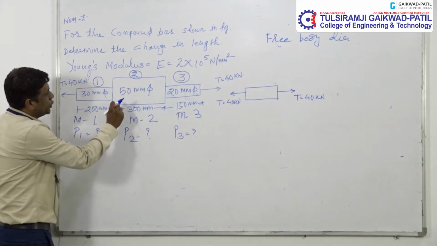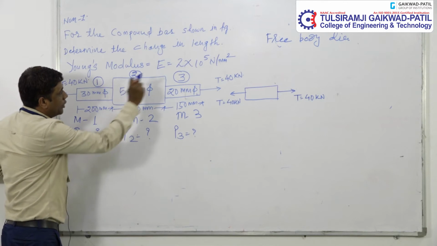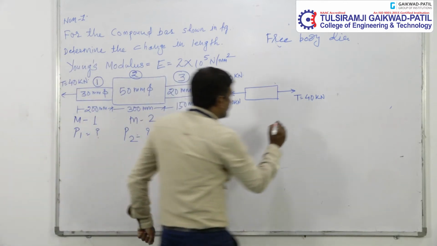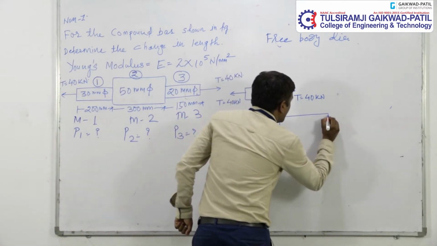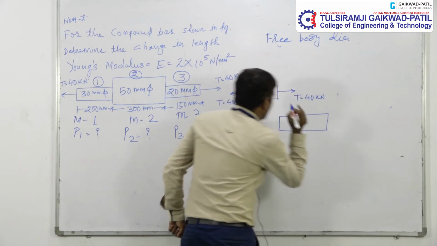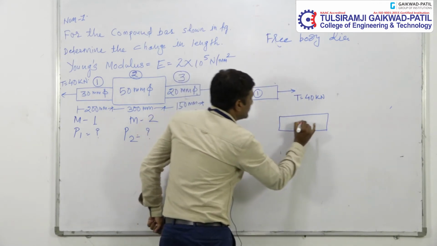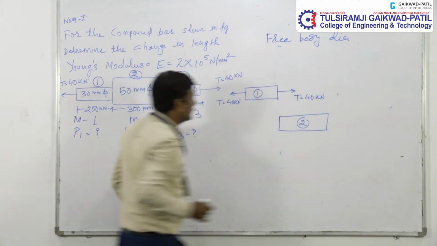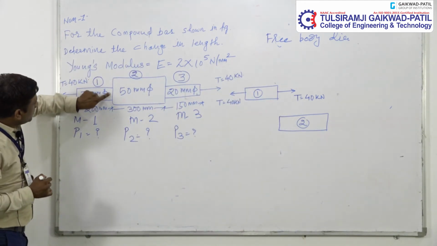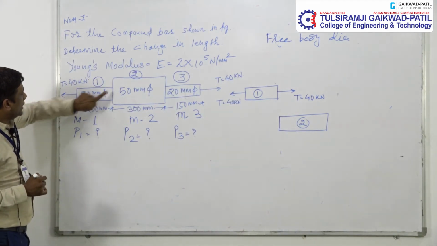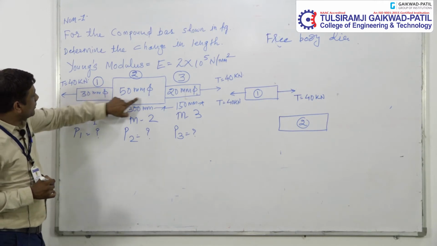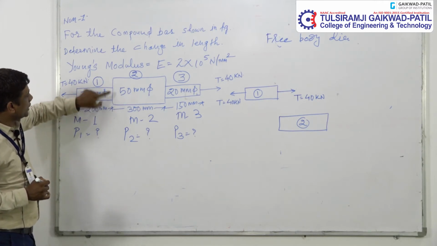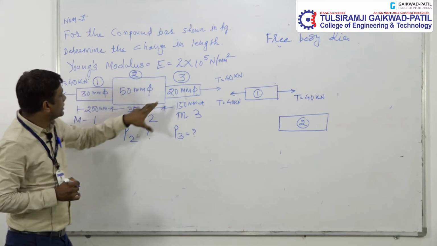Now you draw the free body diagram for the second material. So here this is the point where material number 1 and material number 2 are attached to each other. So now we are drawing the free body diagram for the second material.